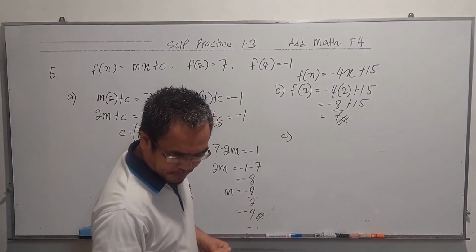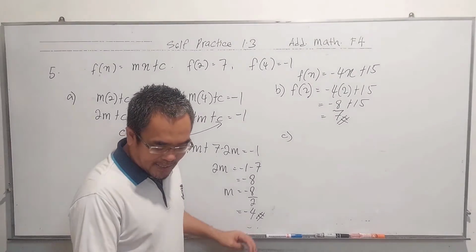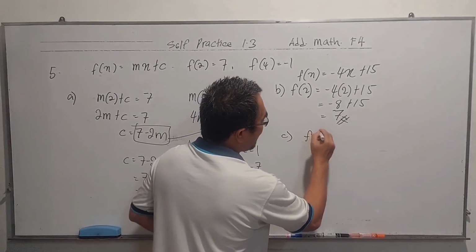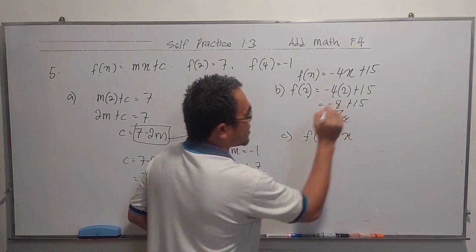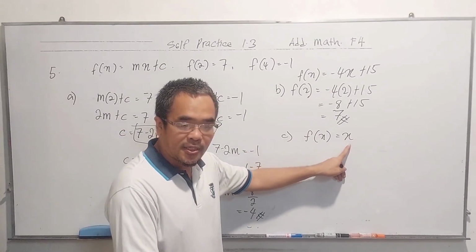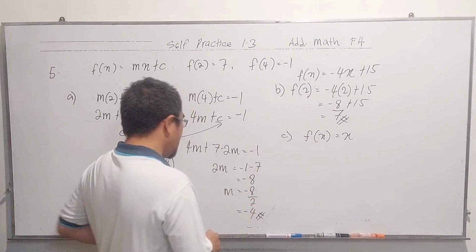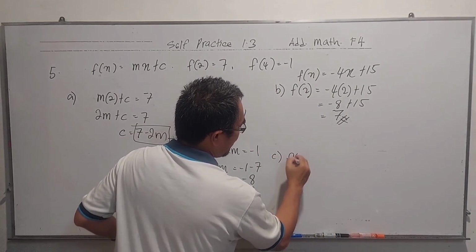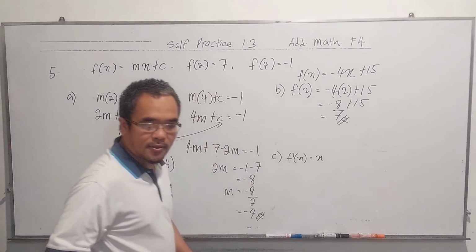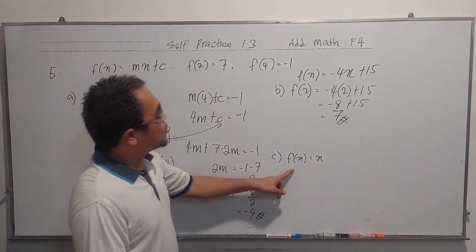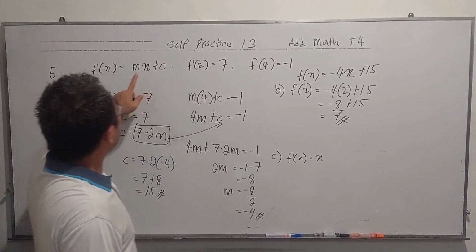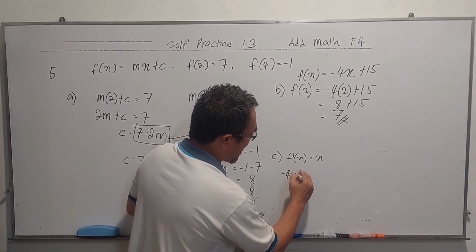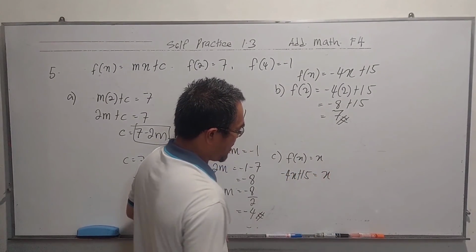And the last one, the value of x that is unchanged under the mapping of f should be written as fx equals x. Object is x, image is also x. Okay, should write down here, fx equals x. So just take the function that is -4x plus 15. -4x plus 15 equals to x.